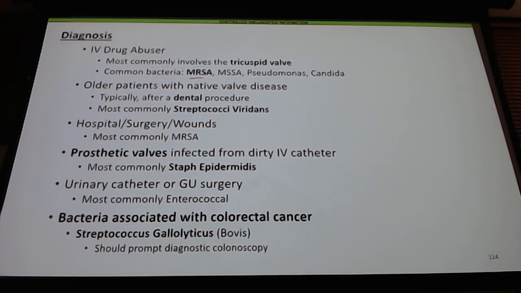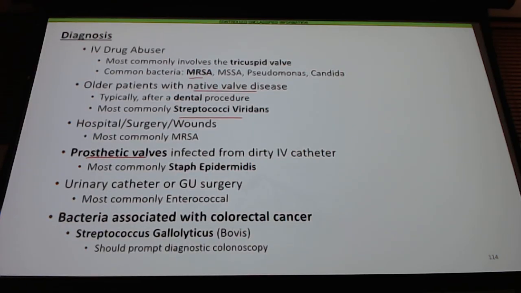So maybe while we are waiting for results, we should have them on antibiotics to cover those things as well. If you have an older patient who has their own heart valves, be thinking of strep viridans as your potential etiology, so targeting the treatment to strep viridans would be great.